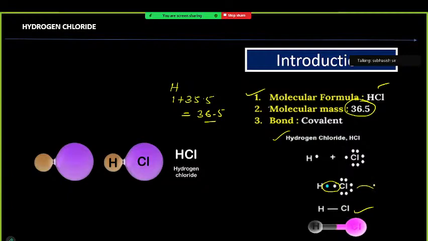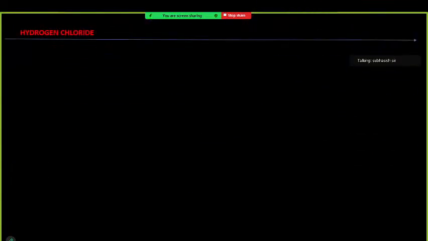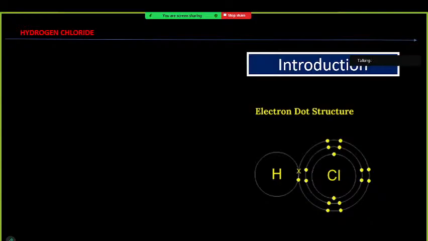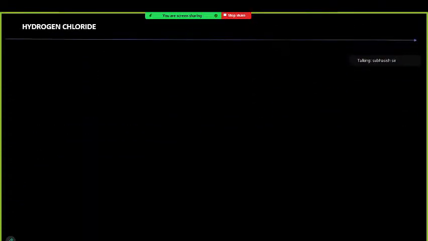So chlorine has 8 electrons in its outermost shell and hydrogen has 2 electrons. So they are stable and the hydrogen chloride molecule forms. Here is the electron dot structure where only the outermost shell should be represented. So one electron from chlorine and another electron from hydrogen are paired up with the formation of hydrogen chloride gas.